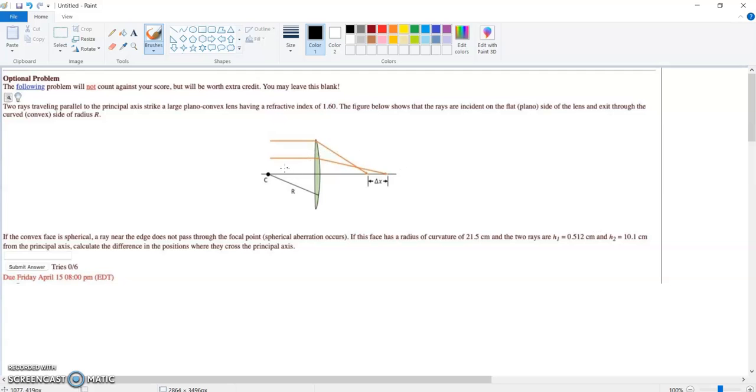So one of the rays is at a height of 0.512, the other one is at a height of 10.1 centimeters from the principal axis. Calculate the difference in position when they cross. So you have to calculate this delta x. Okay, so I'm going to start solving it. I have understood it now, so let's see how it goes.